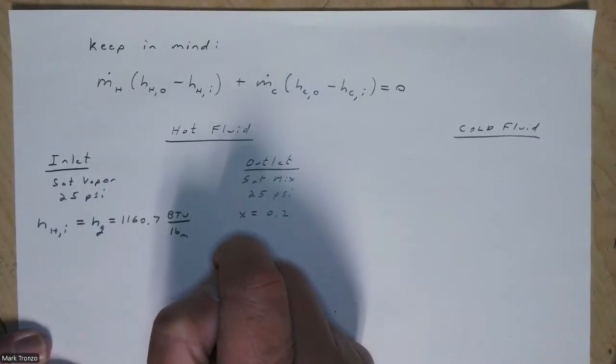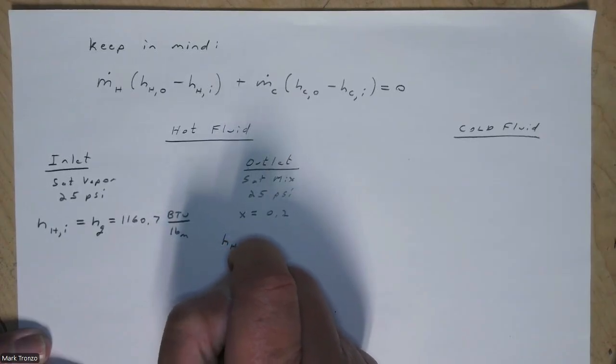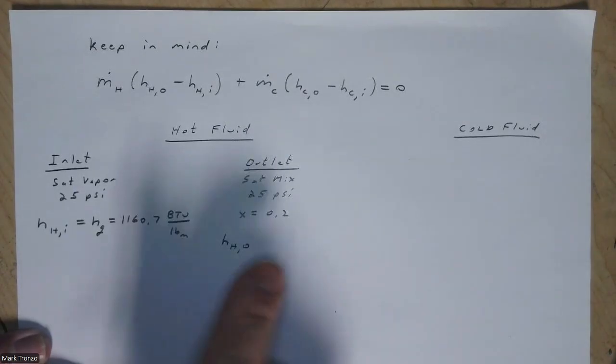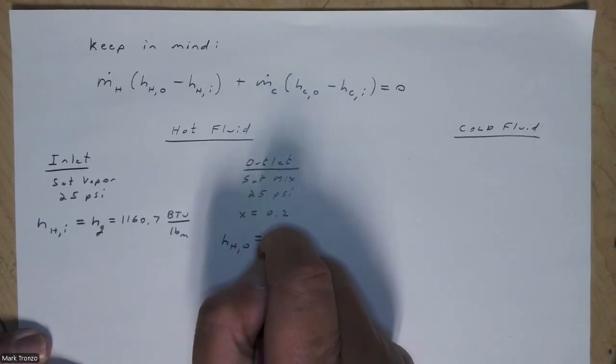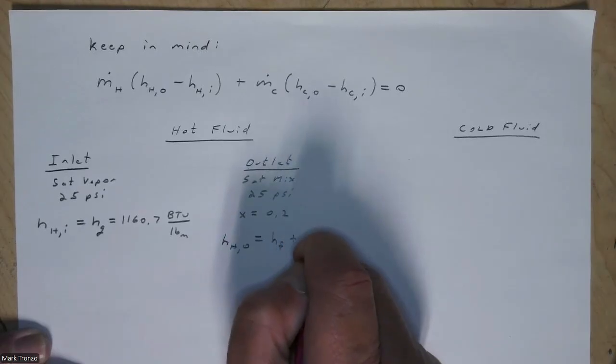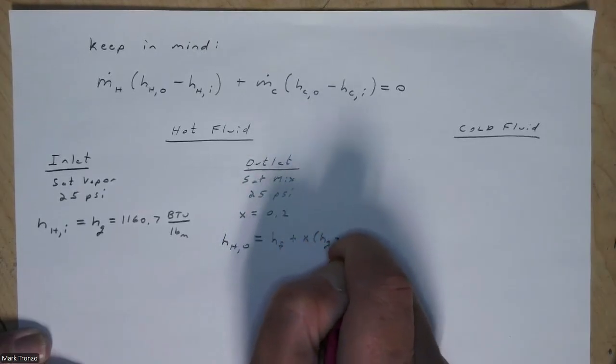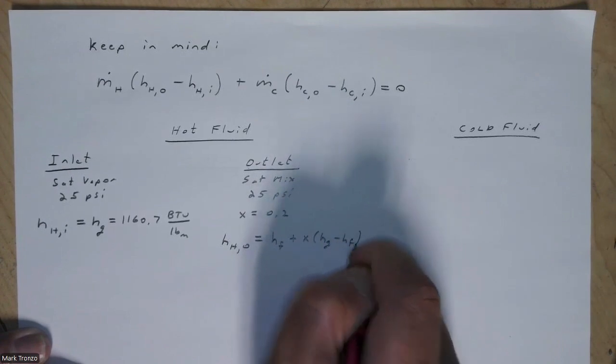So that again is our hot outlet, so it's going to be HHO. And of course, that's going to be HF plus X times Hg minus HF.